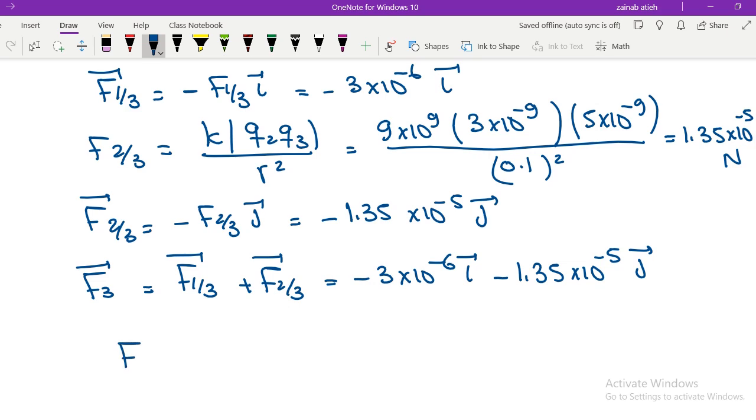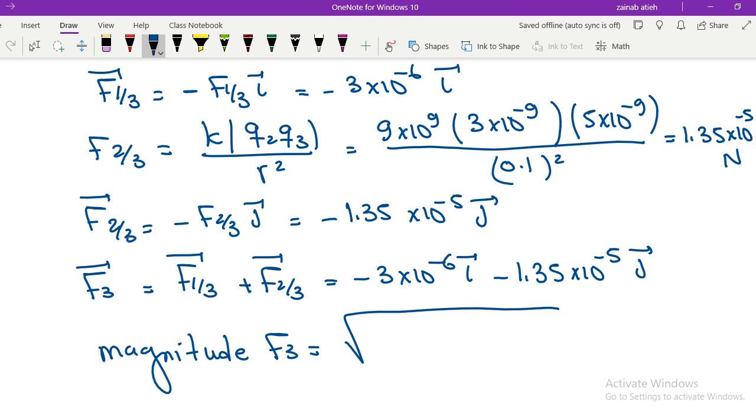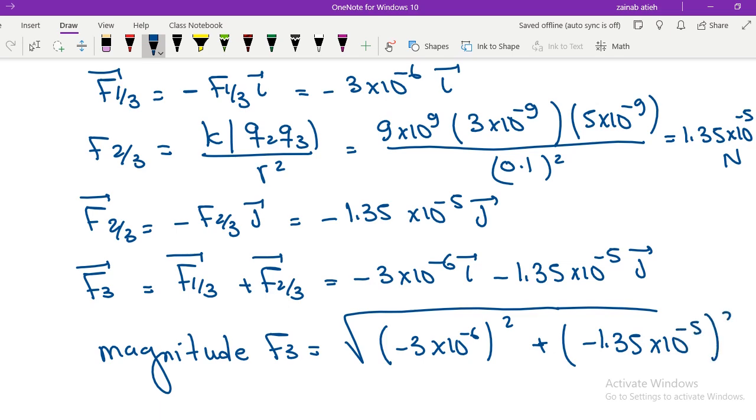To find its magnitude, simply F3 is equal to the radical of the x component squared plus the y component squared, so it's minus 3 times 10 to the power minus 6 squared, and the minus sign will be cancelled when I square the x component and the y component, so minus 1.35 times 10 to the power minus 5 squared.